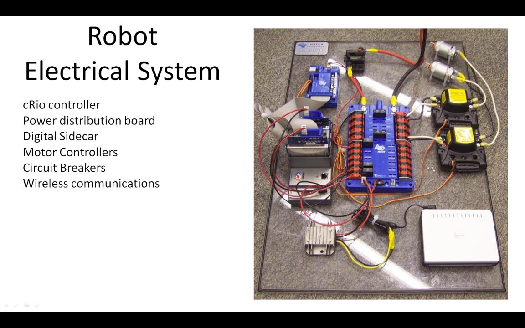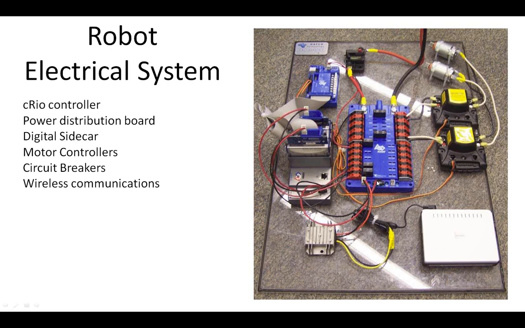There's this thing called a digital sidecar up here, and that is used in conjunction with the cRIO to break things out so we can connect things to the cRIO. These little gadgets here are called motor controllers, and then this thing is a wireless communication system. And then this is a test bench, so they actually put two of the motors on here. So this thing is an entire robot electrical system.